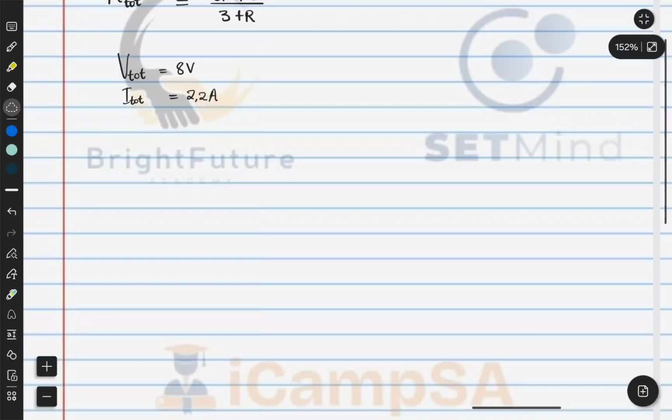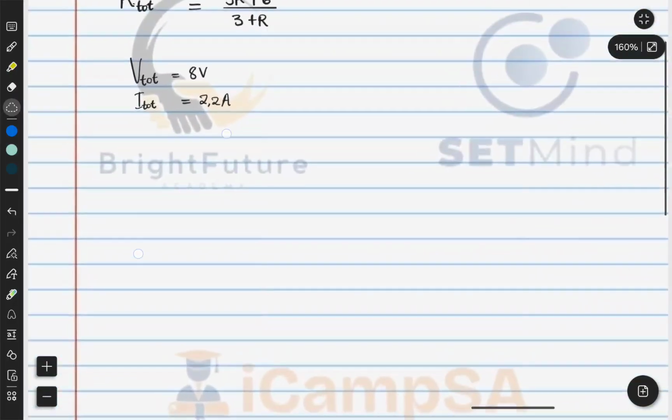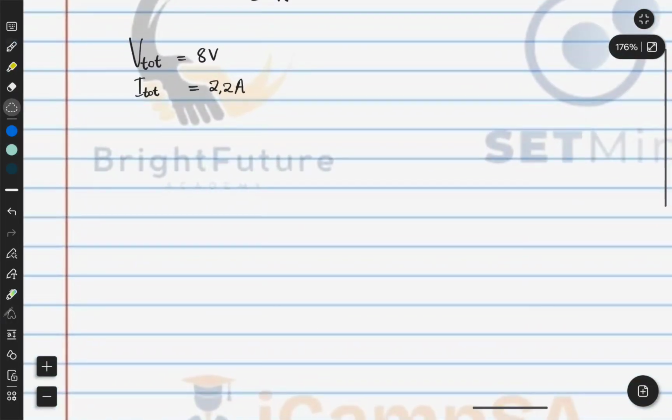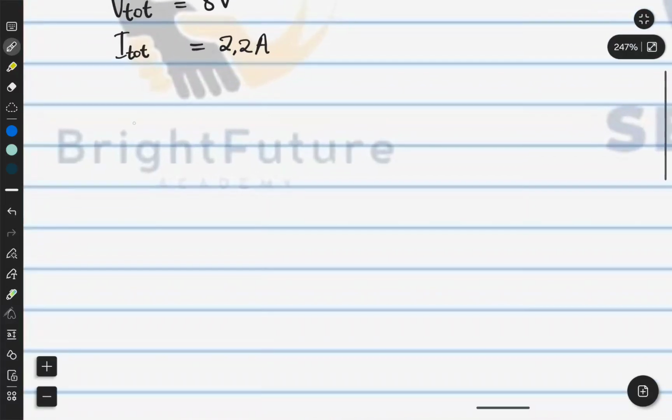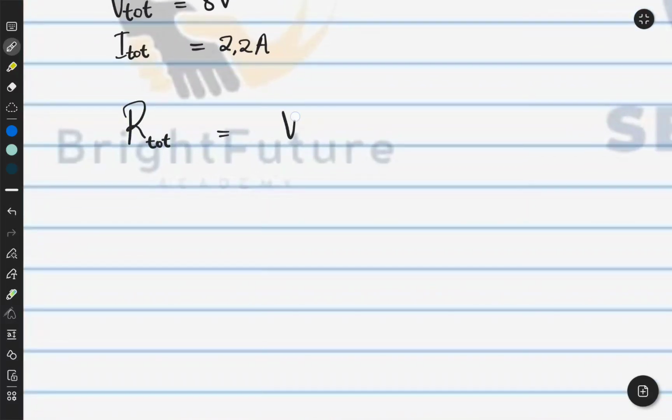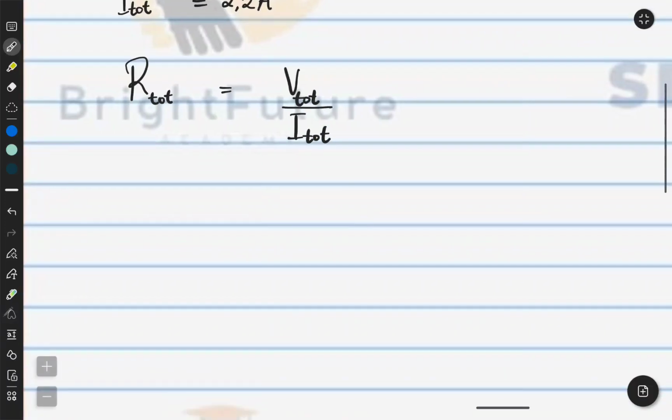All right, so if I say R tot, I can easily say this is equal to V tot over total current, total voltage over total current.